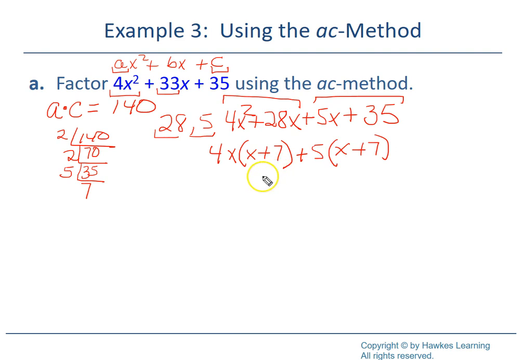So, we can do it their way, x plus 7, 4x plus 5. Yet I would have written the 4x plus 5 first and then this, but either way should work. And if we FOIL this now, we get our trinomial. Okay, this is the AC method. And let's see what they're showing us.